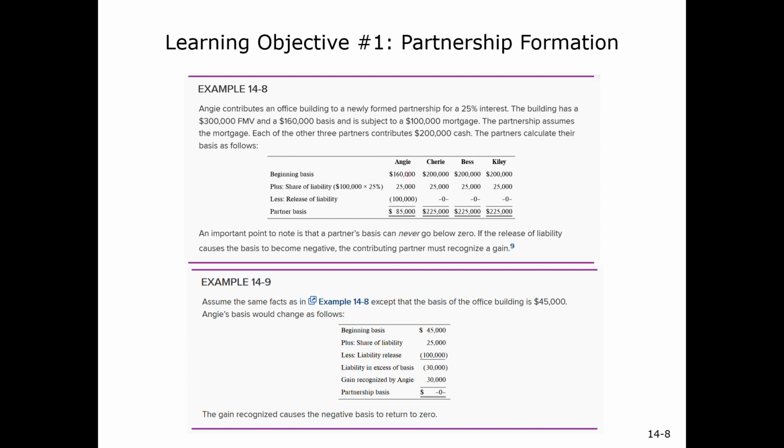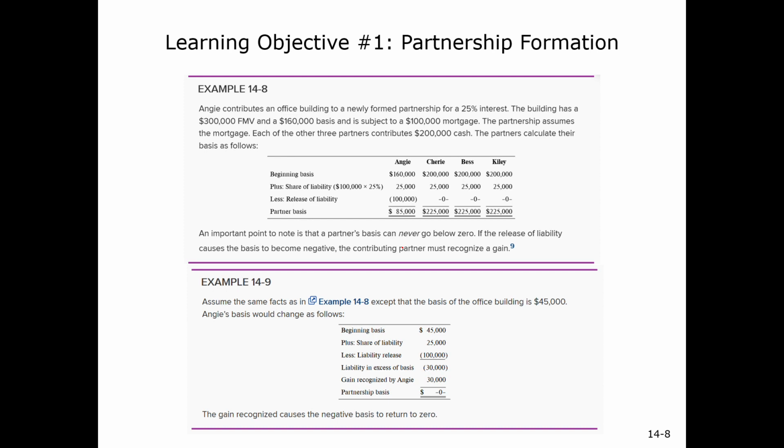Initially we have the basis of the asset that Angie contributed, which increased her basis. 1/4 of the mortgage loan is added to her basis, but we are subtracting the $100,000 because the partnership assumed this liability. She's no longer responsible for that.